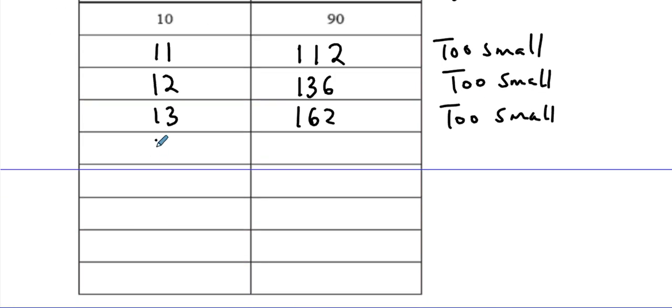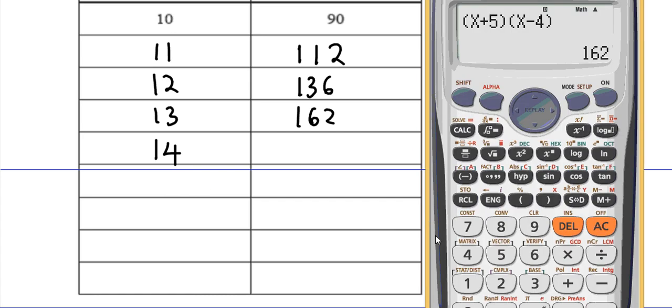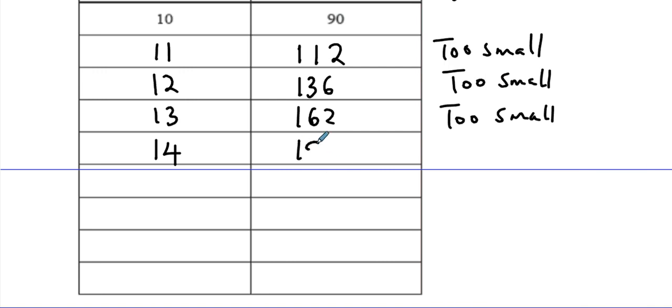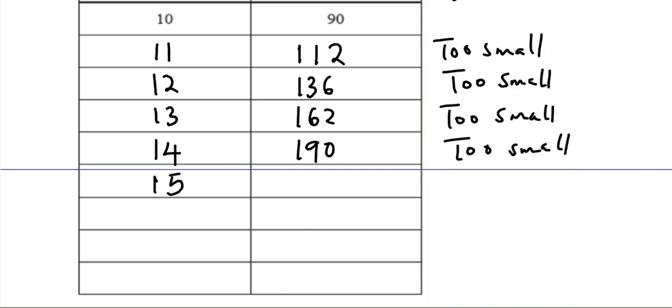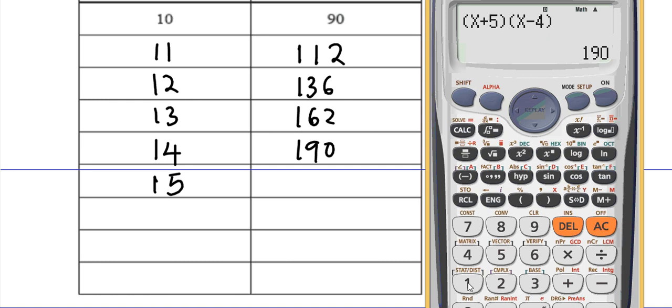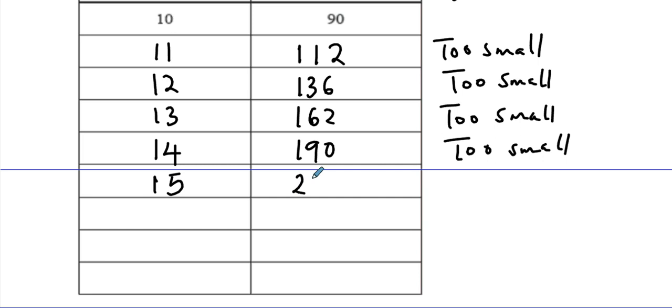Okay, so try x equals 14. We are getting 190. Still this is too small. Okay, then try 15. We are getting 220. Still this is too small.